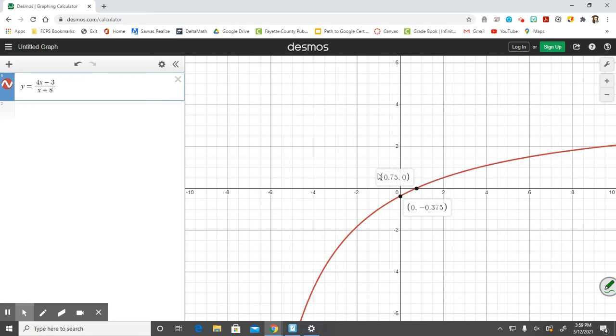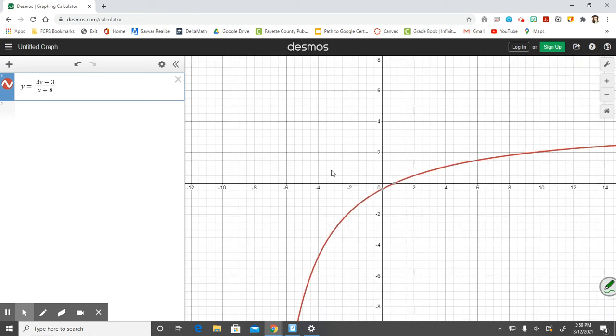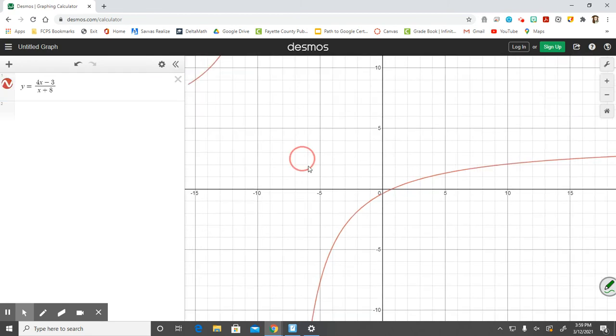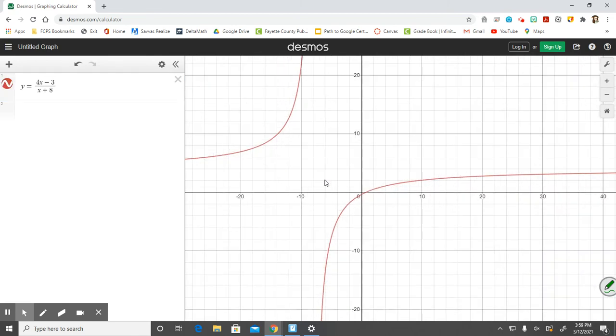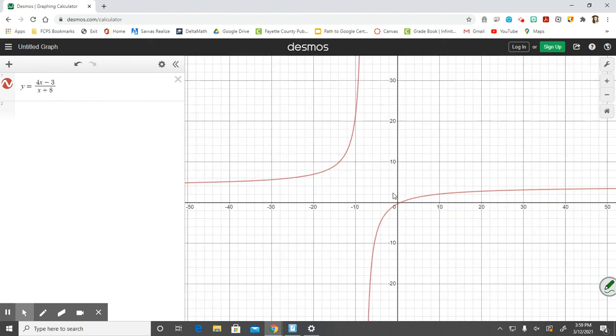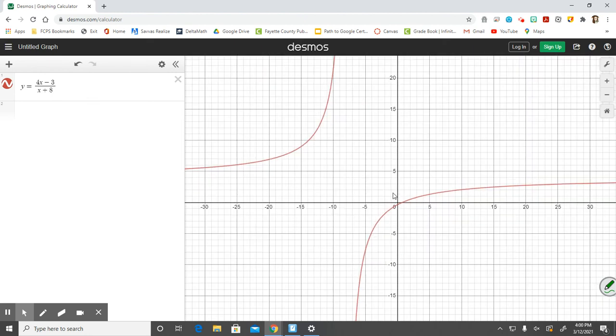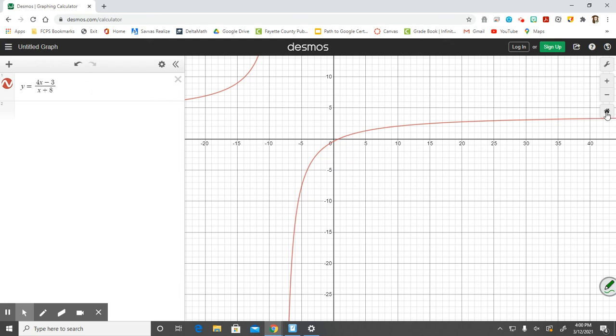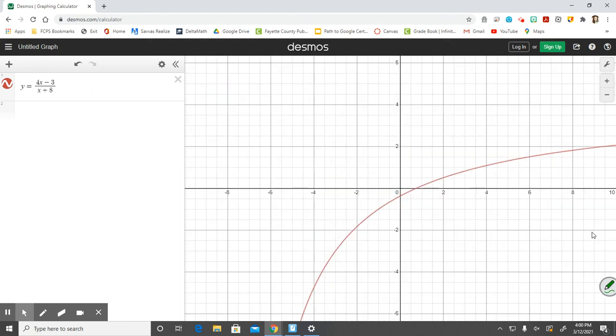And if you're like, well, Ms. Honeycutt, why don't we just graph it on Desmos in the first place? Because we need to, in our heads, have a good idea of what it looks like. And we're also not going to be able to find some asymptotes unless we can find them algebraically sometimes, because sometimes those asymptotes are a little bit tricky. But also, if I had just graphed this on Desmos, I would just see this picture. I might think that this is what that graph looks like.